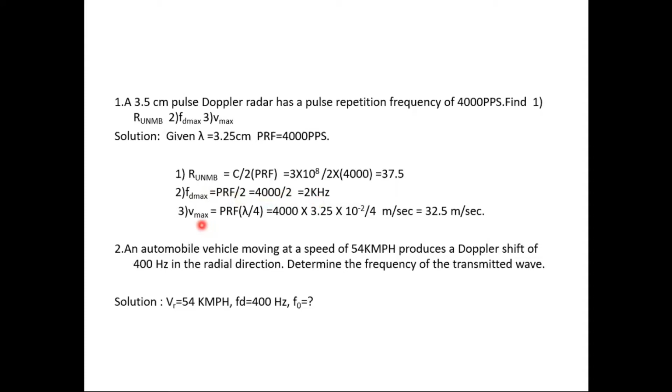The maximum velocity, V max, is given by PRF into lambda by 4. That is 4000 into lambda value 3.5 into 10 to the power of minus 2, divided by 4. This is in meters per second because it is a velocity, so the velocity is 32.5 meter per second.